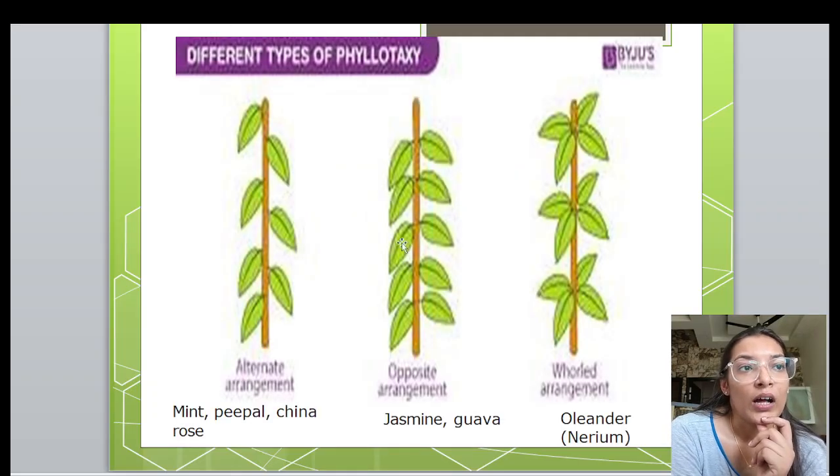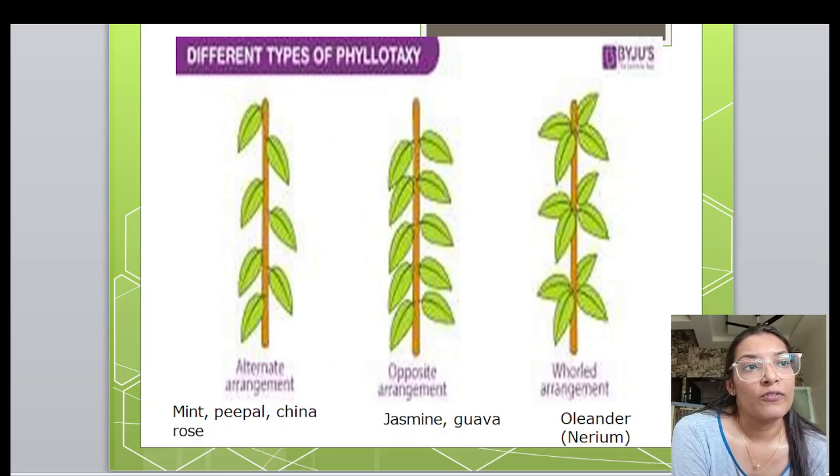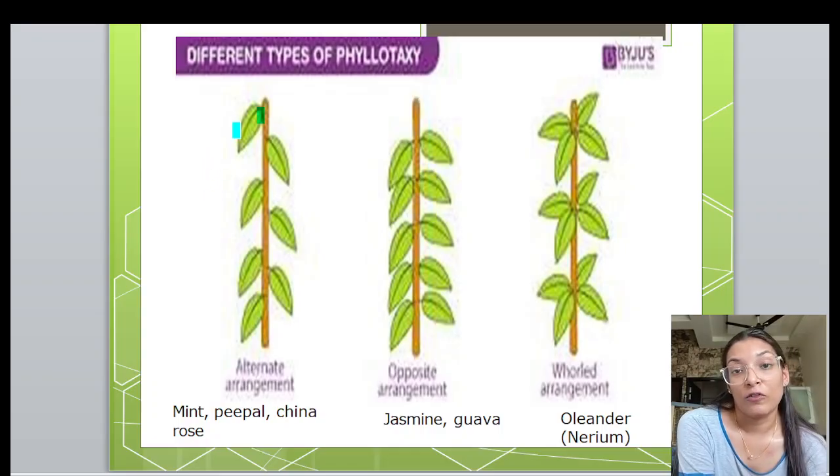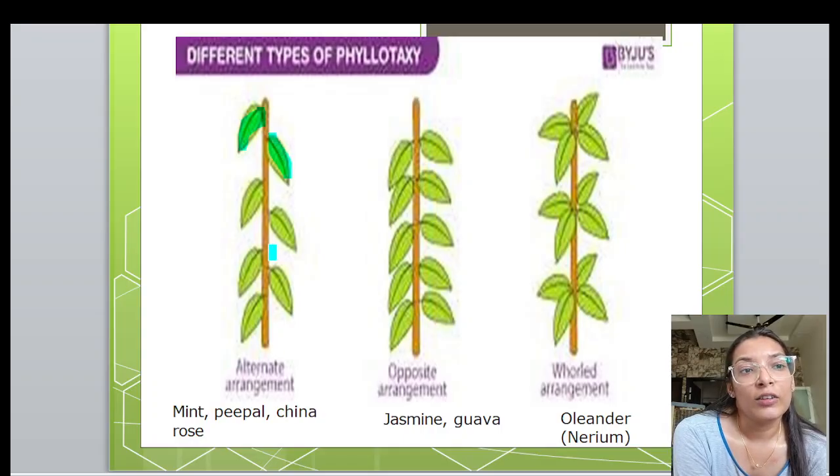In stem, how the leaves are actually being arranged, this arrangement is called phyllotaxy. For example, here in the first one you can observe that the leaves are arising from the nodes, which we have already covered. So from here it is arising at one node, from here another node. Now you can see that the pattern of leaf is such that they are arising alternately on the successive node.